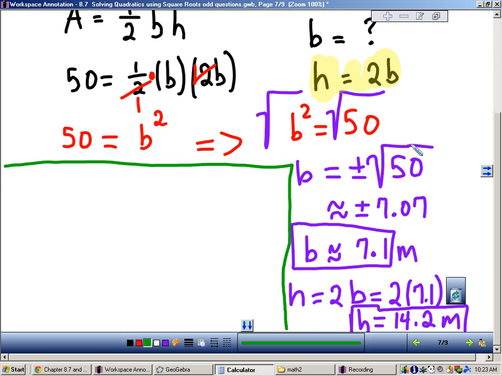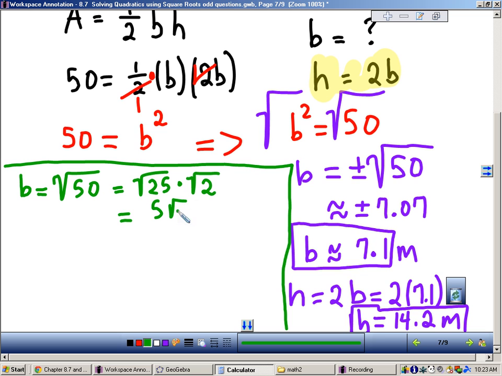The square root of 50 can be simplified, so I'm going to write that down. The product property, you might remember this: 50 is 25 times 2. And the square root of 25 is 5. So this would be the exact answer for the base: 5 square root 2.